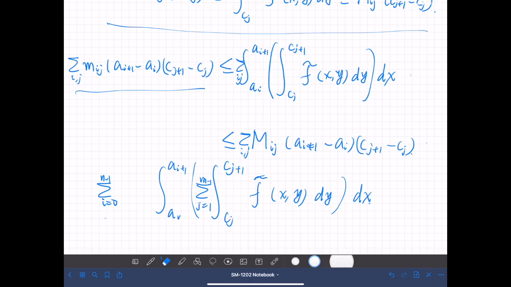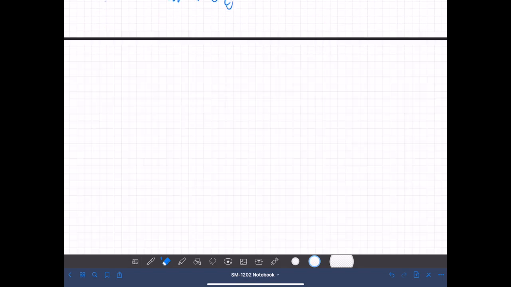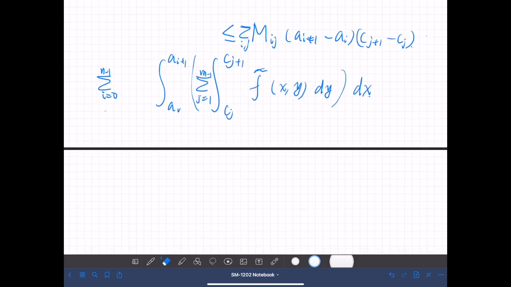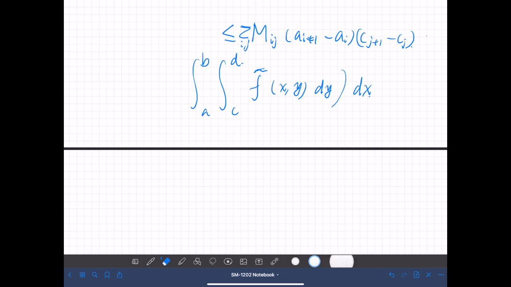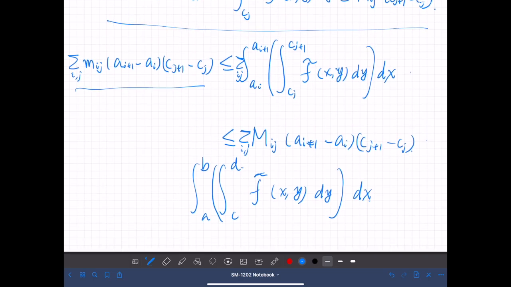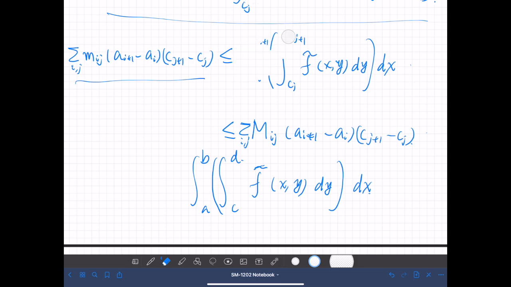Then if we add these, this is a partition of the interval between C and D. So after summation, we have the integral from C to D. And similarly, after summation, this integral becomes an integral between A and B. So that's what it is in here.